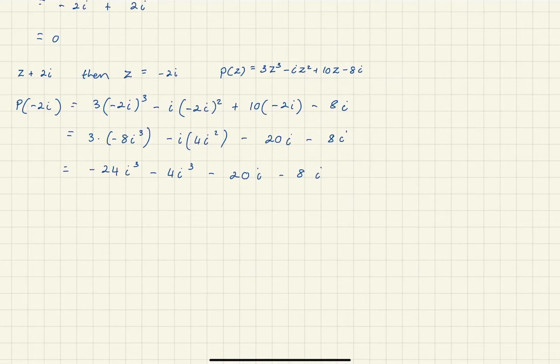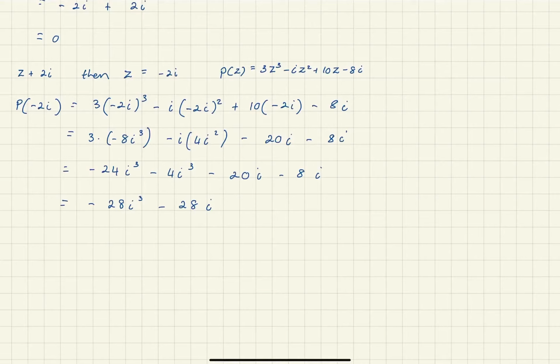Alright, so group the like terms together until you can kind of see a little pattern forming here. So we've got negative 28i cubed minus 28i. Now remember that this thing should equal 0, so I need to manipulate one of them. The easiest one to manipulate is this negative 28i cubed.